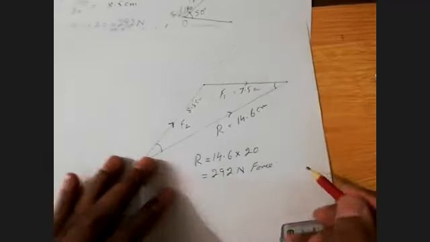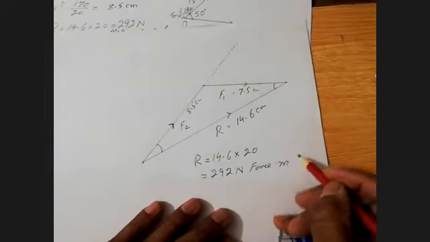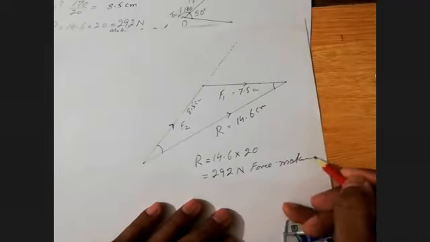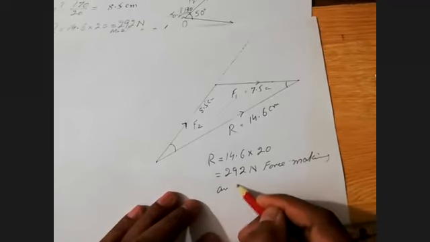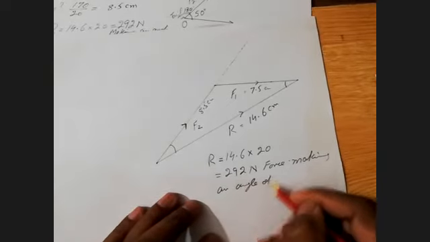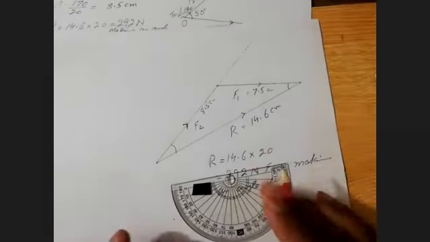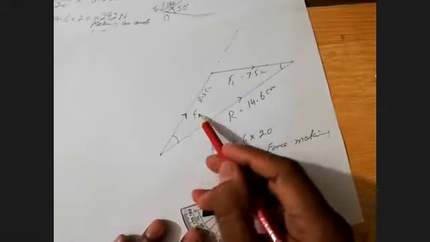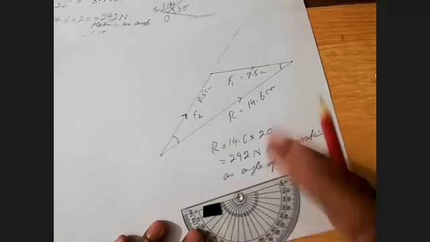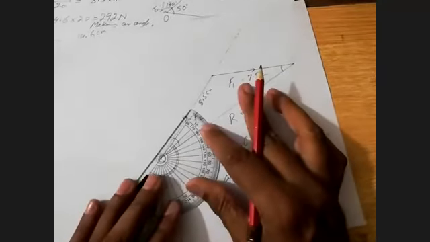making an angle. Making this direction is very important. Making an angle of what? Now it depends upon you which force you are taking. In this case also, you may take F1 or F2 for the reference angle. Here I can also take the angle with F2, so I have to measure this angle.